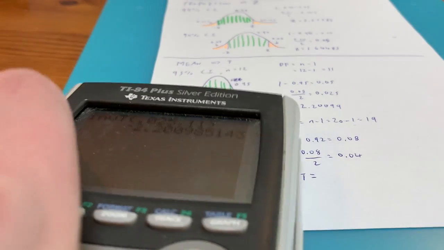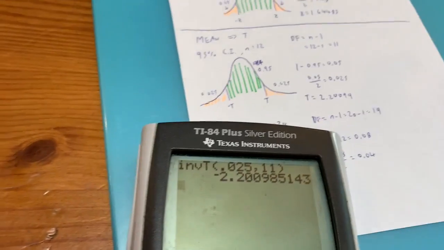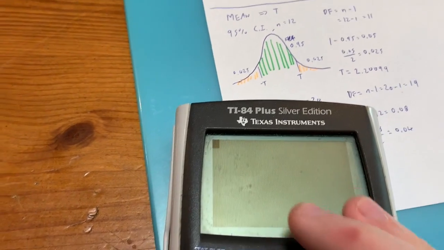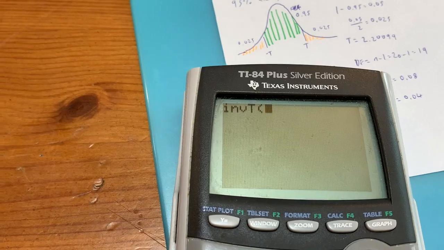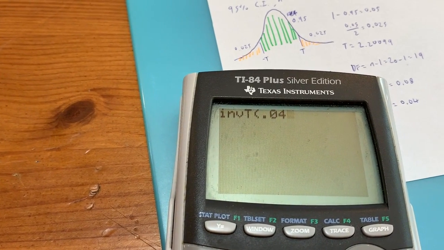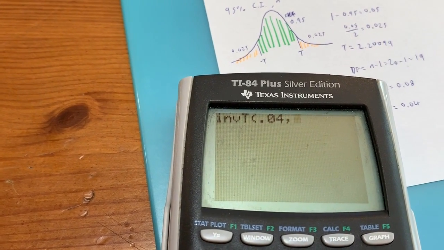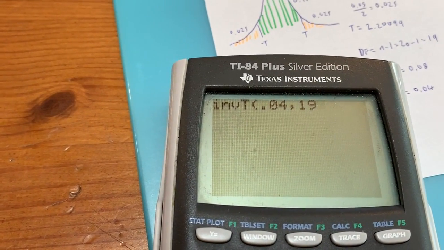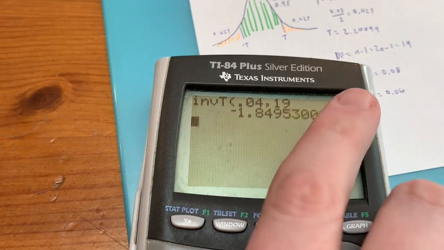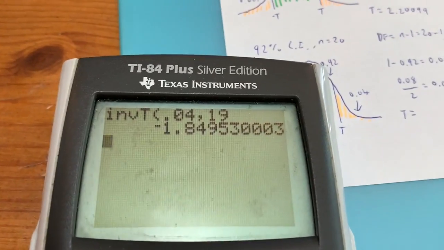So let's go back to our calculator again. Second vars, the fourth option, inverse t, we just discovered that the value to enter for the upper tail is 0.04, comma, and then our degrees of freedom, which is sample size minus 1, 19 in this case. And there we have it.